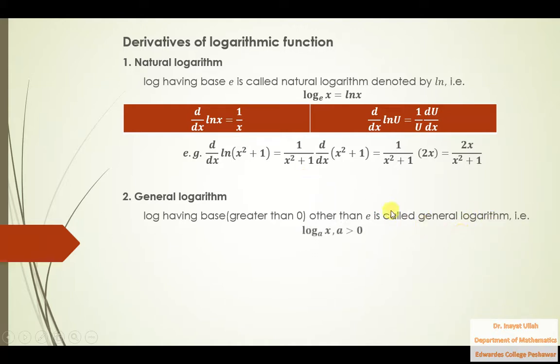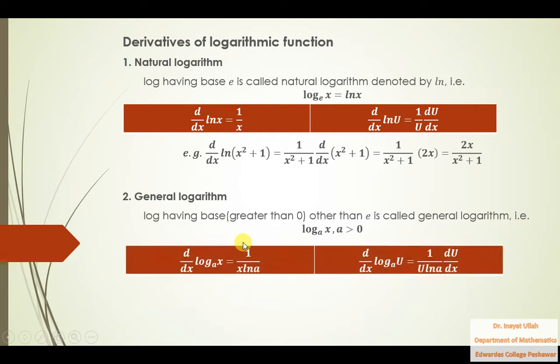That is, log to the base a, where a is not e, and this base a is greater than 0. This is very important. So log to the base a of x is the general logarithm.